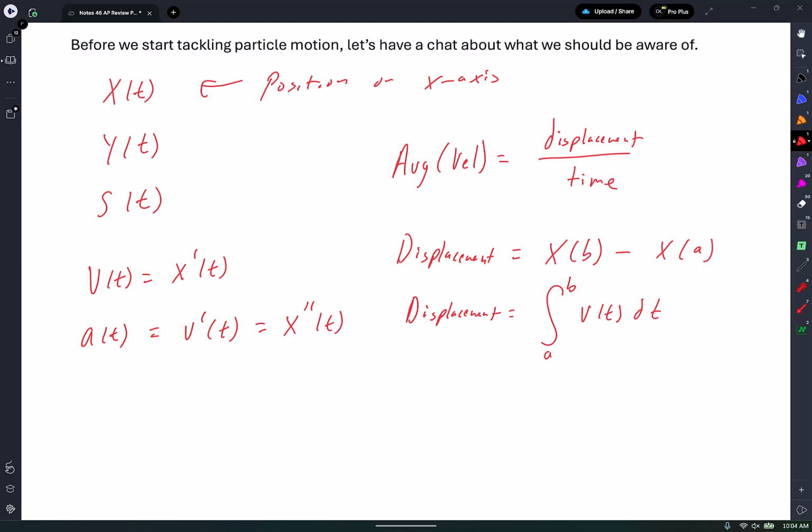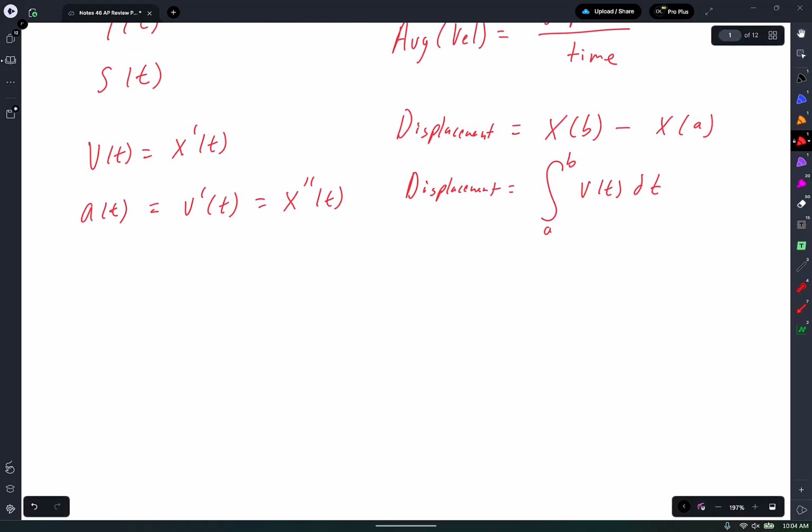If you have some velocity that's positive and some velocity that's negative, I'll just draw something random. If I tell you that this area is 2 and this area is 5, and I'm going to call this v of t, and this is 0, this is A, and this is B. Notice that I'm starting at 0.